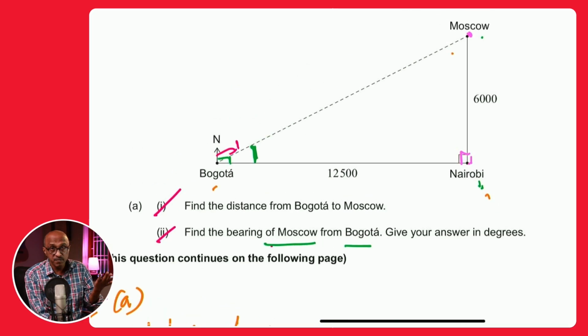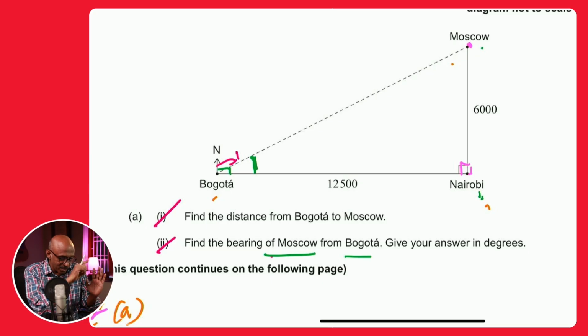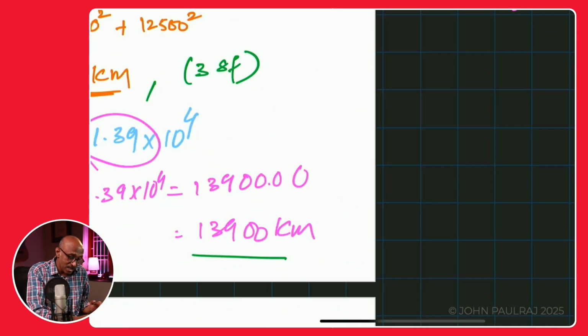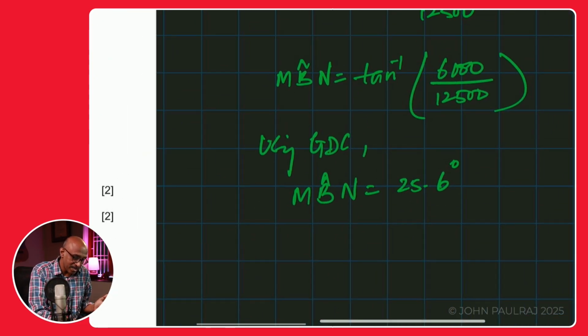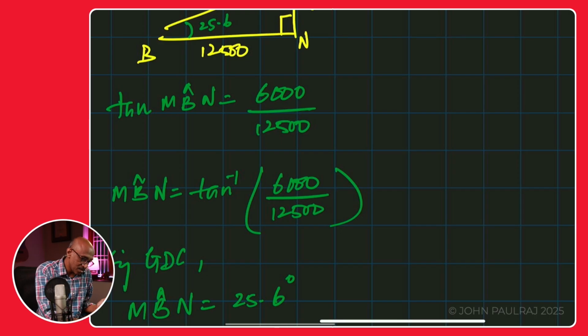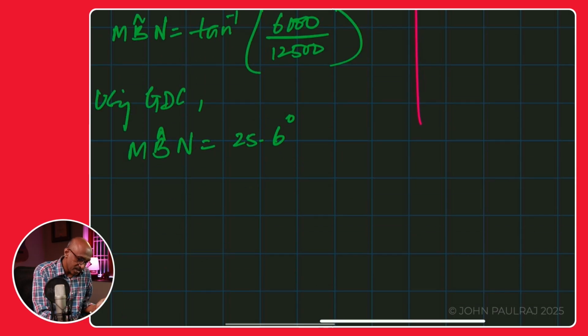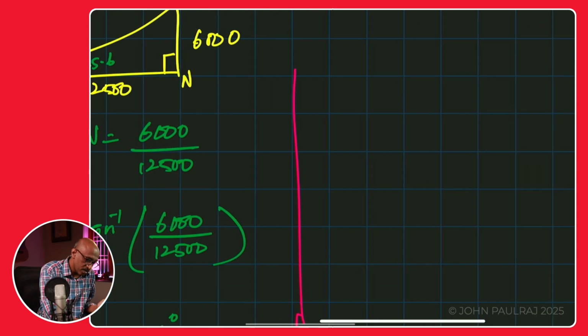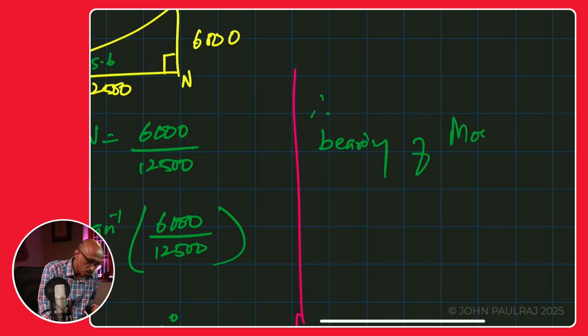If you reviewed your theory, you know that the bearing is the angle measured in the clockwise direction from the north to the line joining Bogotá and Moscow, and that's why we said 90 minus the angle inside, which is the first part we've done, finding the angle inside. Let me continue this side, and then you can say therefore bearing of Moscow from Bogotá.